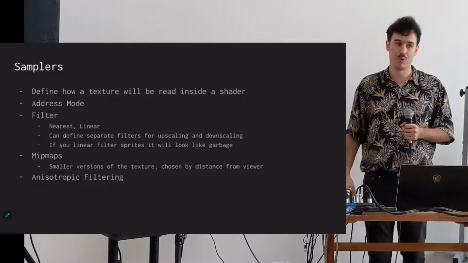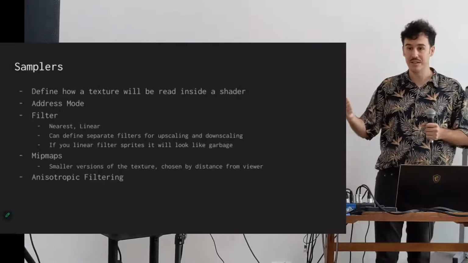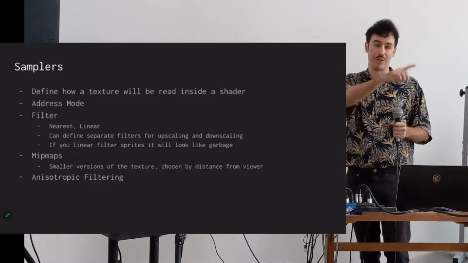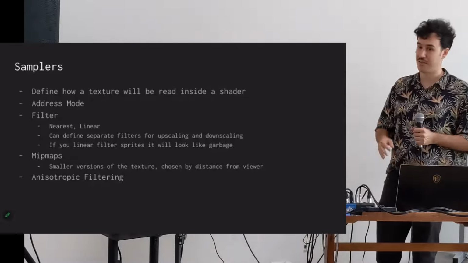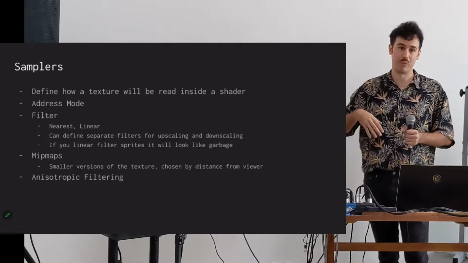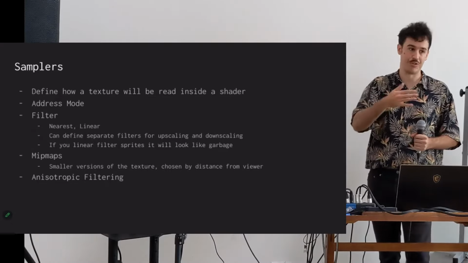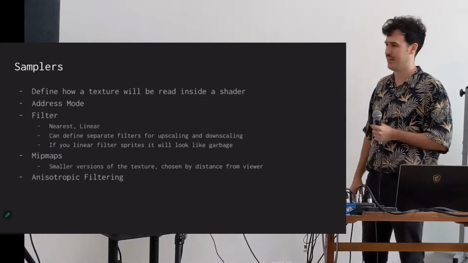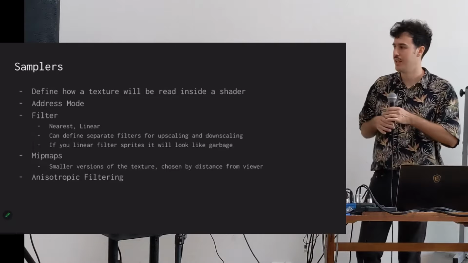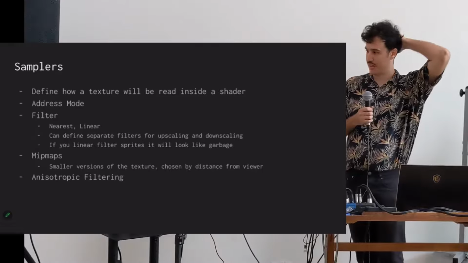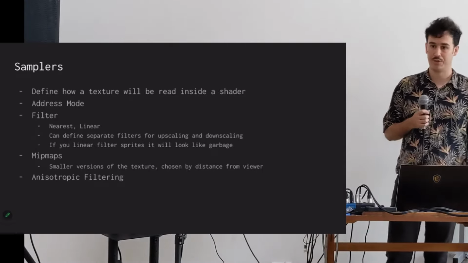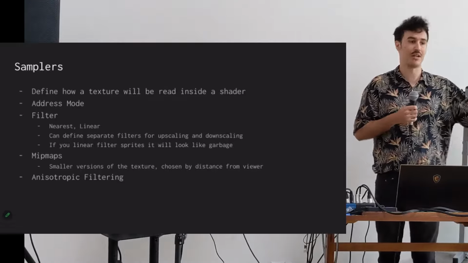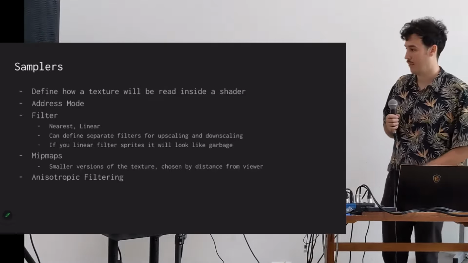The address mode will tell it to either repeat, which means it's going to loop back around and go to 0.3, or you can tell it to clamp, which will just sample whatever is at 1, or if you're below 0, it'll sample whatever is at 0. In some modern APIs, you can also set a border color. So if you sample outside of the range, you can tell it to spit out black or white or whatever you tell it to do.